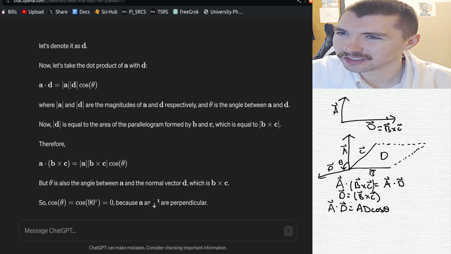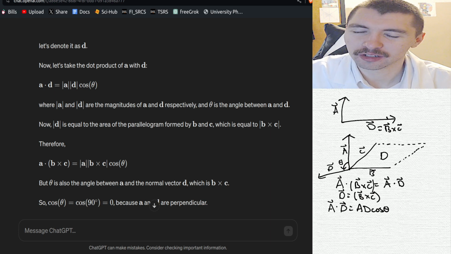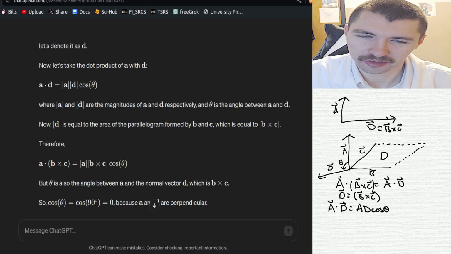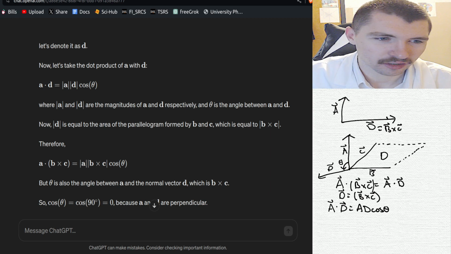It's saying D is the size of this, which I don't have a great intuition of. So I'm not sure if the language model is correct, but we'll keep going.